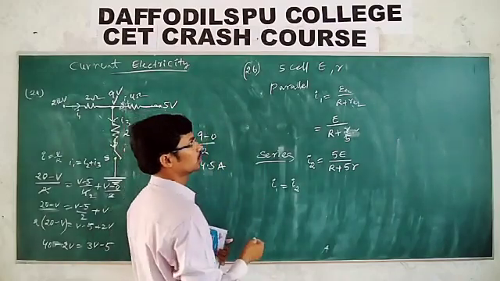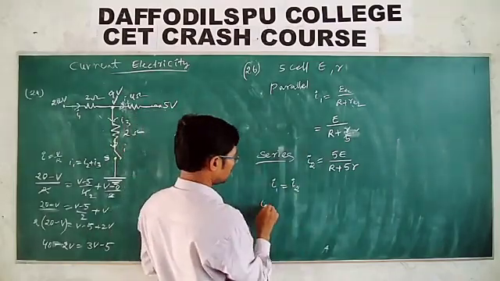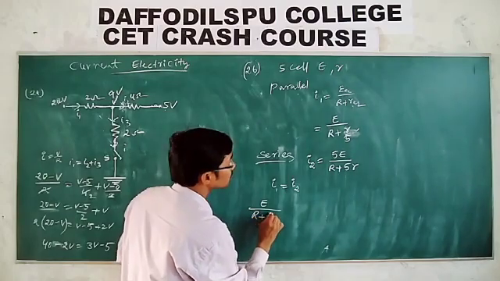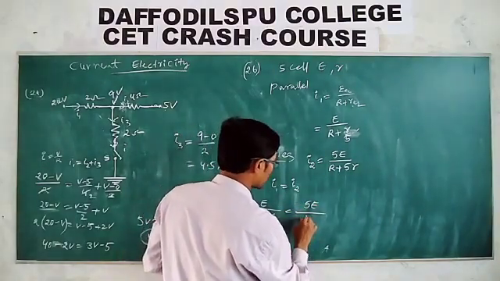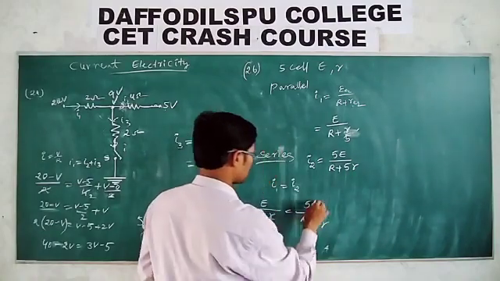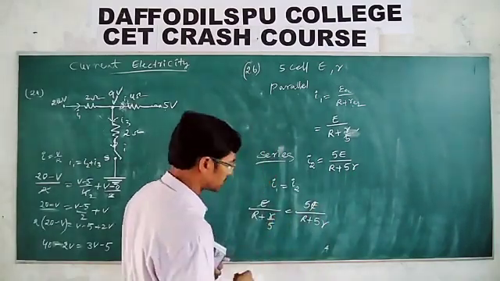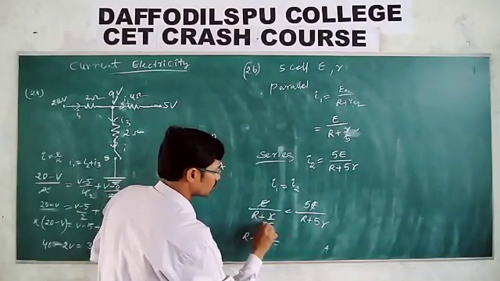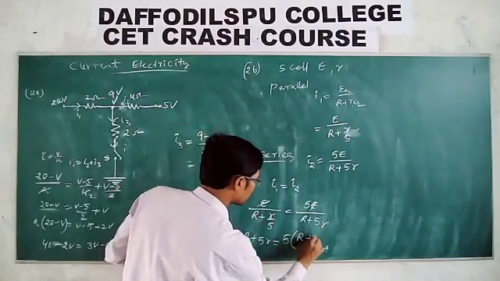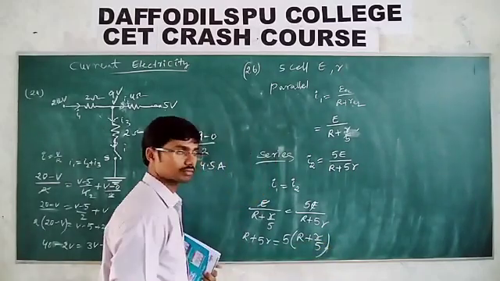Then I1 is equal to I2. Equate: E by R plus r by 5 is equal to 5E by R plus 5r. E cancels. Do cross multiplication. R plus 5r is equal to 5 into R plus r by 5.